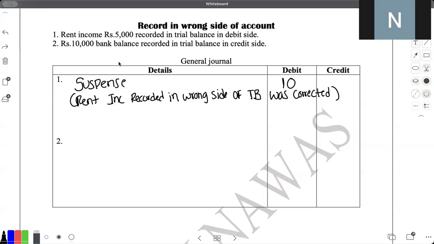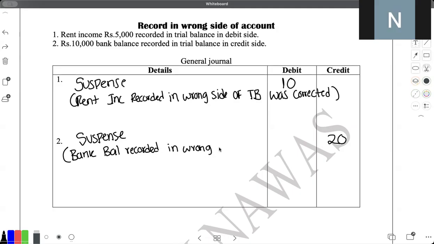Right. So the answer is very simple. Suspense credited by 20. You'd say bank balance recorded in the wrong side of TB was corrected.